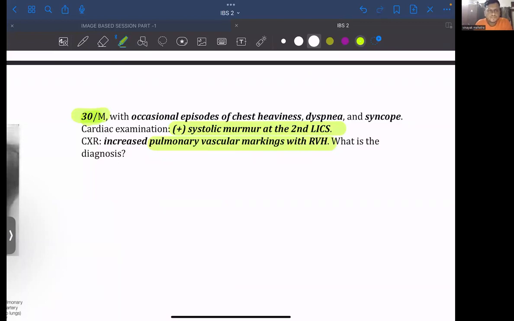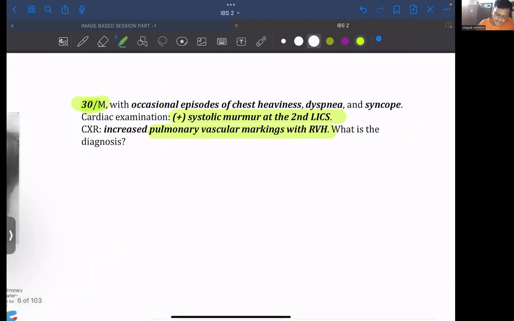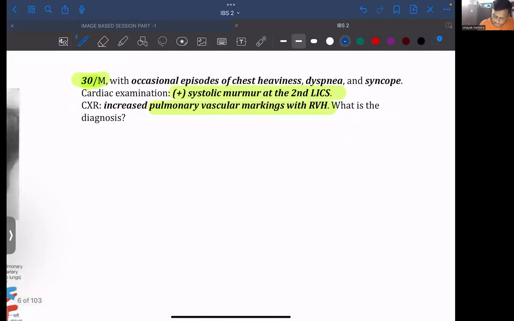What do you think? This can come as a direct question without an image. Whenever you get such questions in pediatric cardiology, this is what you need to catch. The answer is atrial septal defect. The answer is ASD.